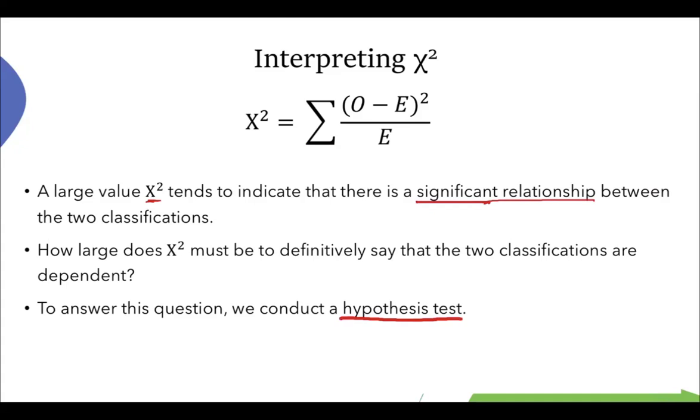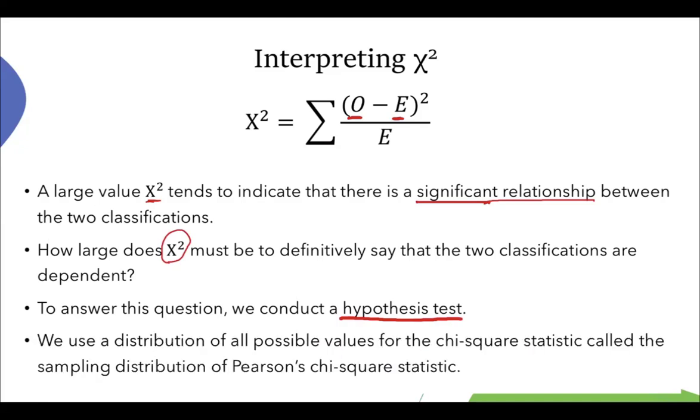We're going to have the same issue here with chi-square. We need the difference between O and E to be a significant difference in order to say that they are definitely related. So we're going to go through the steps of a hypothesis test to do this.